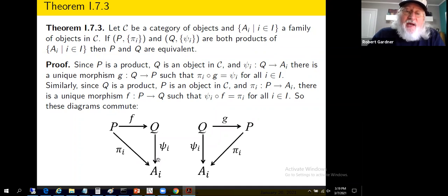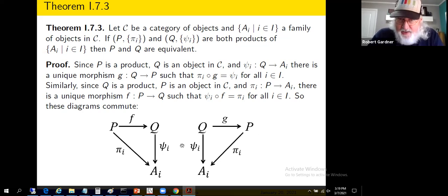F followed by psi sub i is the same as these pi sub i's. The very definition of what it means to have a product. So we've assumed both of these are products, which means they are objects in the category itself. The rest of this is just treating those products as objects, one as an object and the other as a product, and then interchanging their roles.